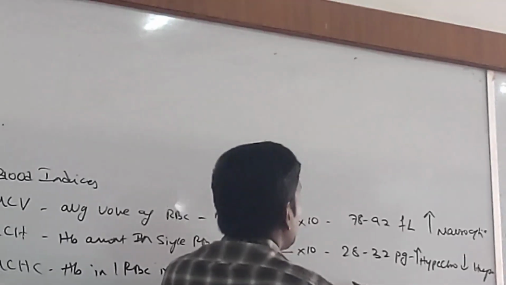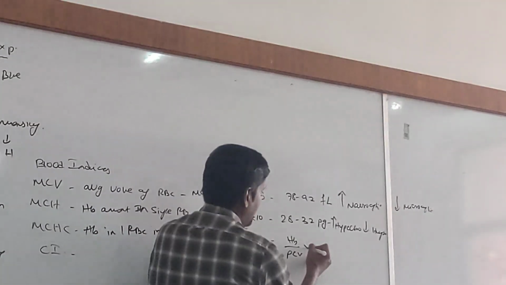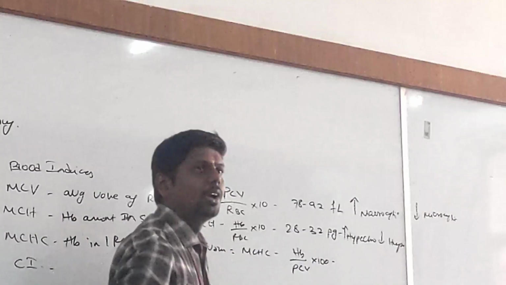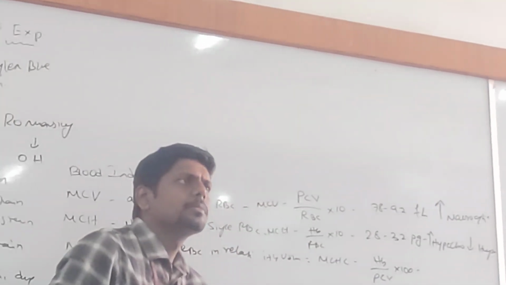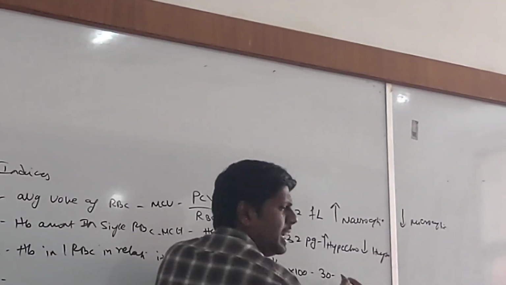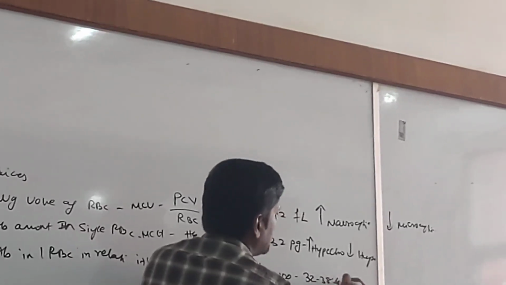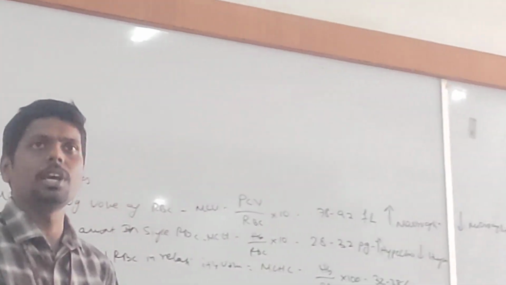Hb by PCV into 100. What is the normal value? 32 to 38 percentage. This is in percentage. Okay, very good.